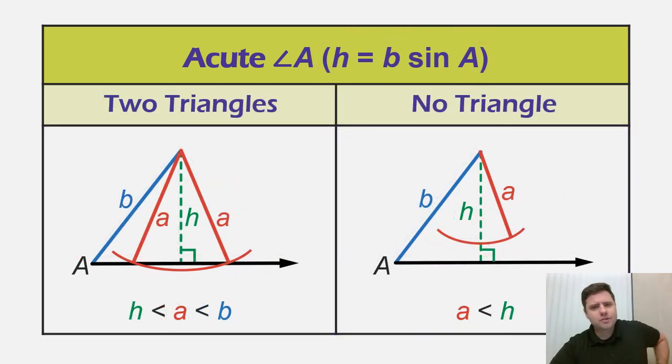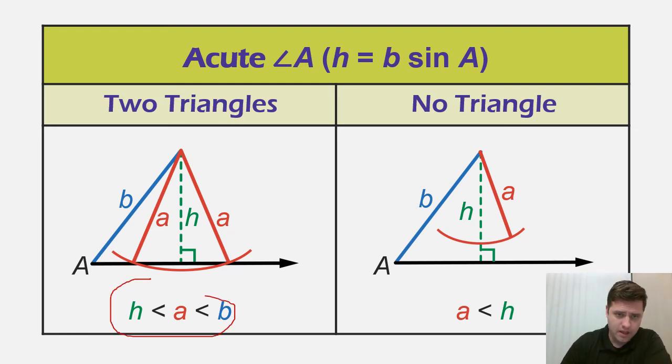Now, if we get to a case in which we have an acute triangle where we can possibly have two triangles, it happens where the length of A, which is this red line, is both greater than H, the height here, but less than B. Then it can be set up either this way or this way. So we get two different triangle potentialities there.